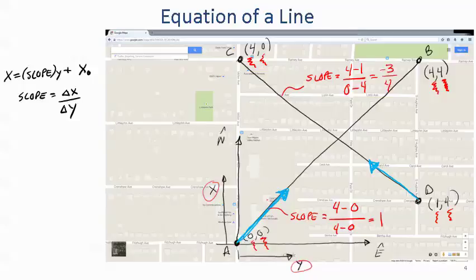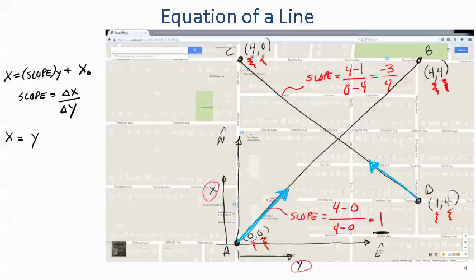So now we can write the equations for these two lines. The first one is going to be x is equal to this slope, 1 times y. And then you look at what x is equal to when y is equal to 0. They both start off at 0, 0, so it's just 0.